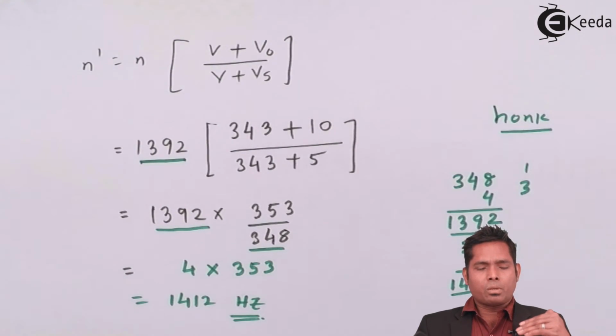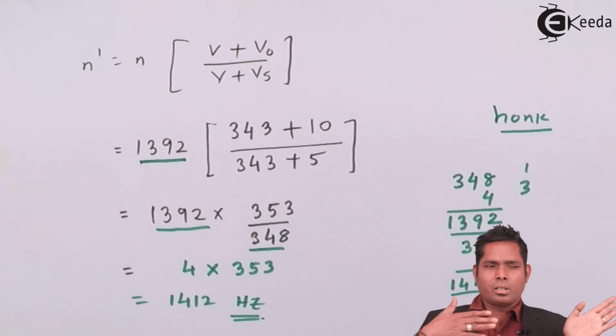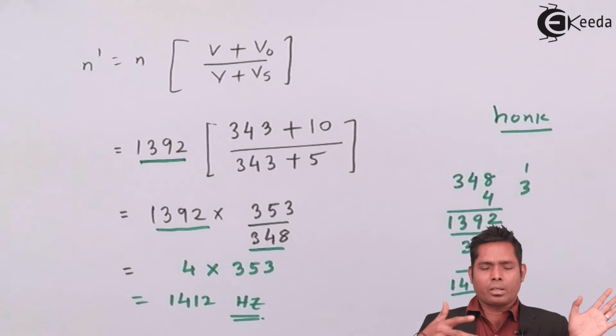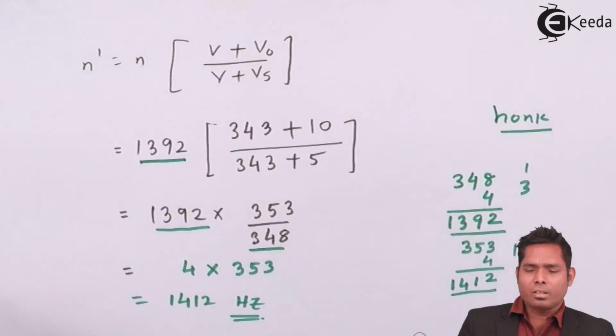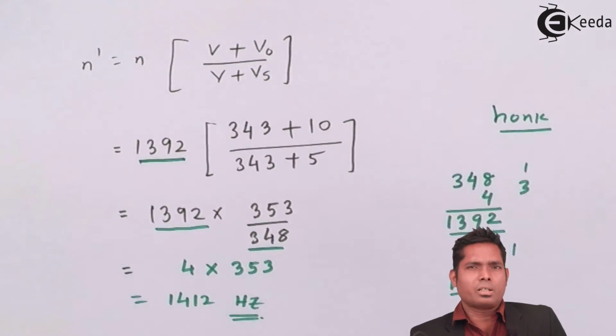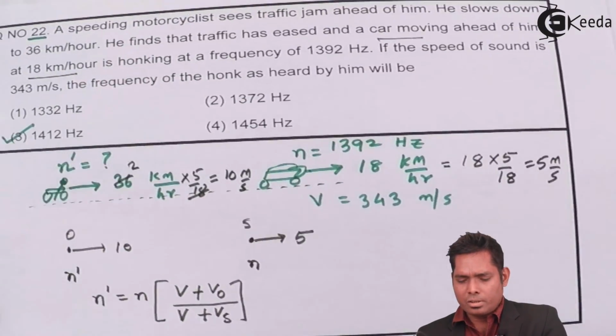Now in this case the observer is following the source. If I reverse the direction, when the source is following the observer, then both will be negative. That formula is generally not given, so I think this is the question that is asked to check that. So for this question this is the answer. Thank you.